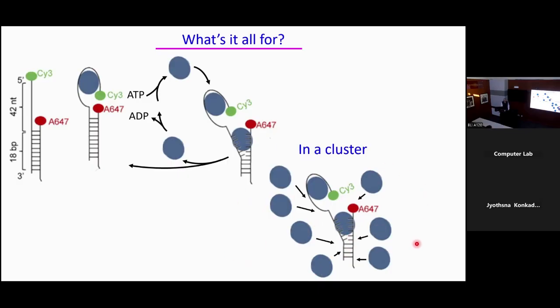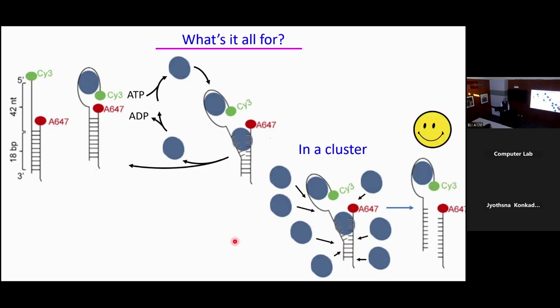And then the relationship between formation of these clusters and the activity is important because these RNA helicase molecules are not processive and they only can do one cycle at a time, so it needs multiple attempts. So you have your cluster, and it does its job, and we're happy, and they're happy.